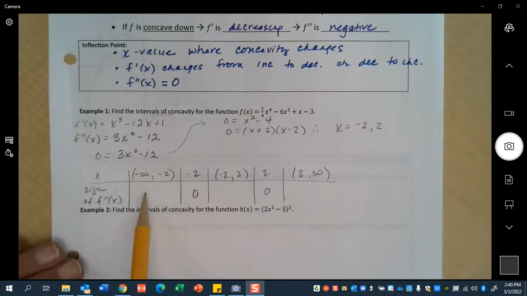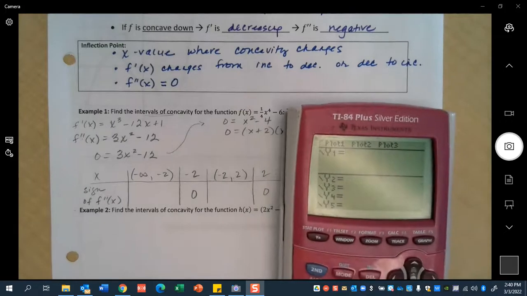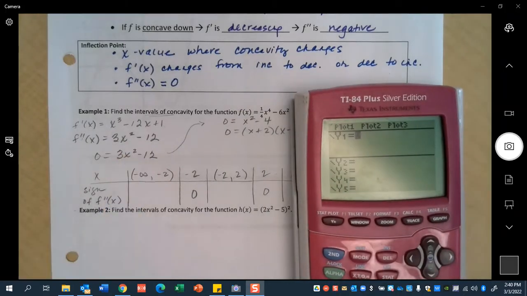So now what I can do is find test points within each of these ranges and put that into my function. A shortcut way that you can absolutely use anytime that you want is to grab your graphing calculator and go ahead and add your function in. 3x squared minus 12.